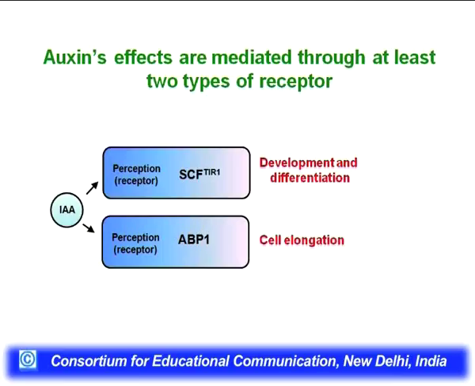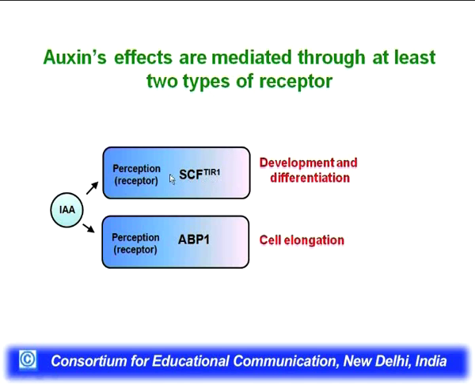Now, coming to almost the last part of my class today, is the other receptor which I was telling you about, ABP1. This part of the auxin signaling was discovered very lately, but the effects were known at the earliest time of auxin discovery. Like I told you, auxin helps in cell elongation, through which auxin was discovered.